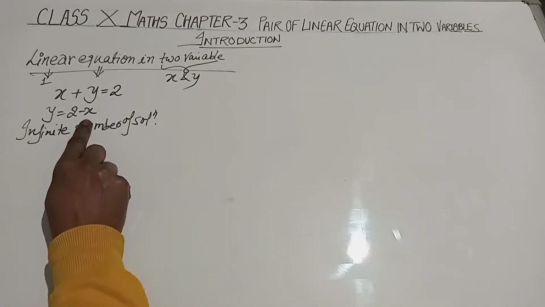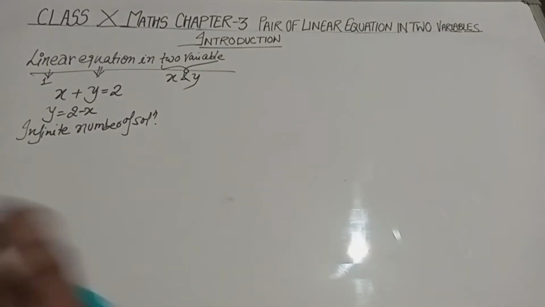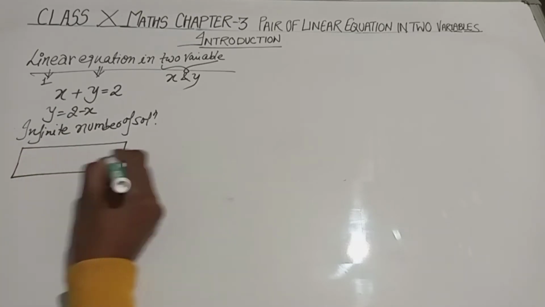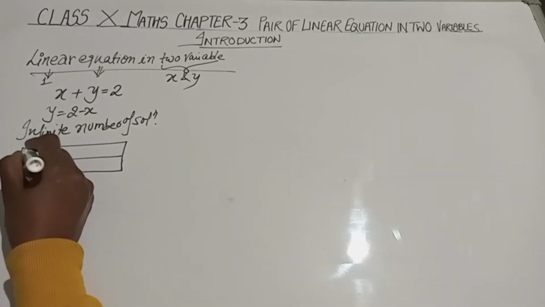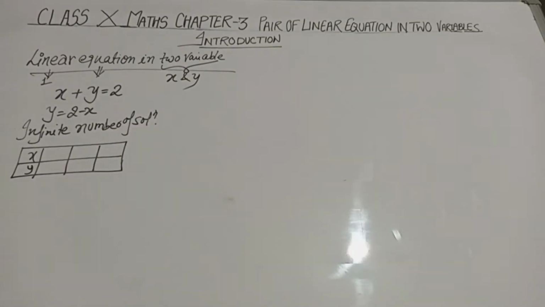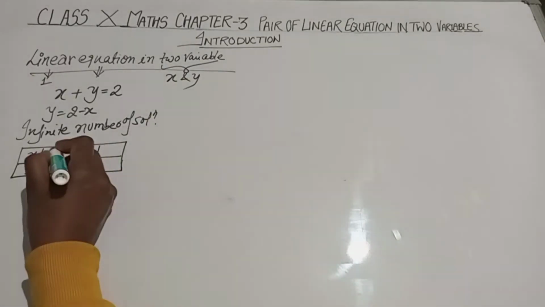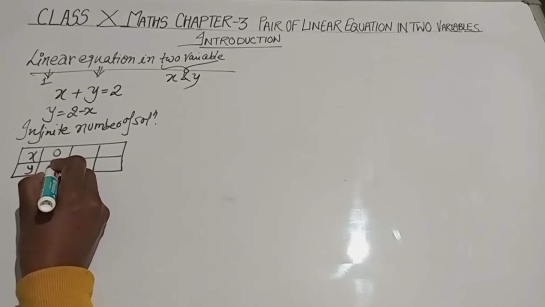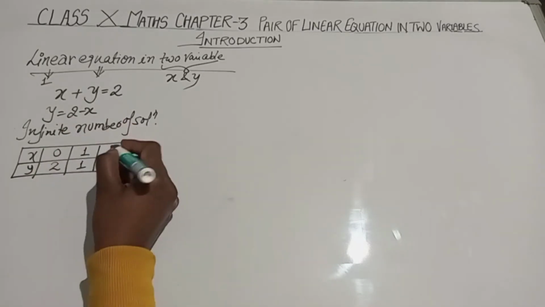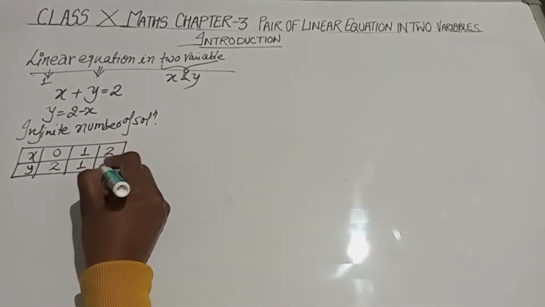After that, we explain it in a geometrical form, that is, a graph. We put values of x, a maximum of 3 times. When x is equal to 0, y is equal to 2. When x is equal to 1, y is equal to 1. When x is equal to 2, y is equal to 0.